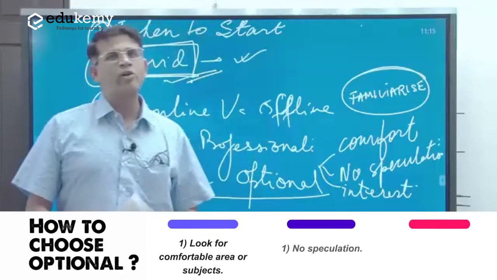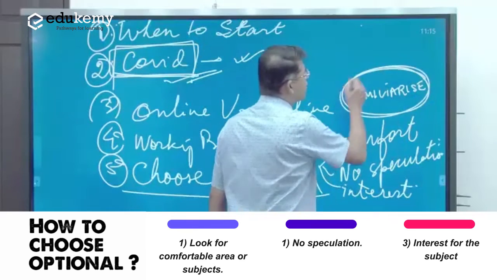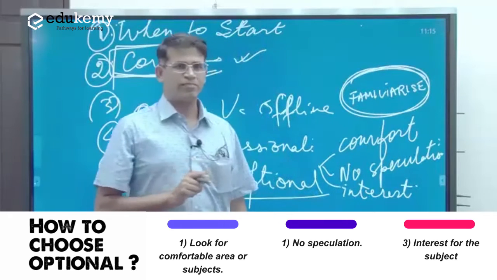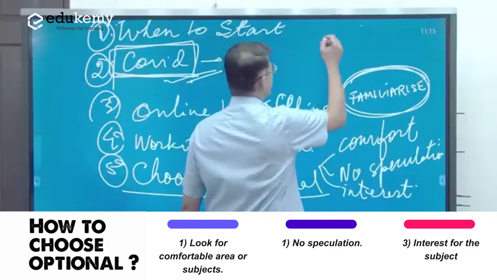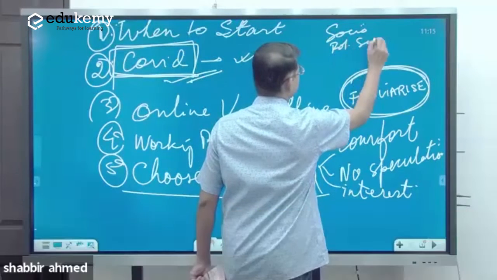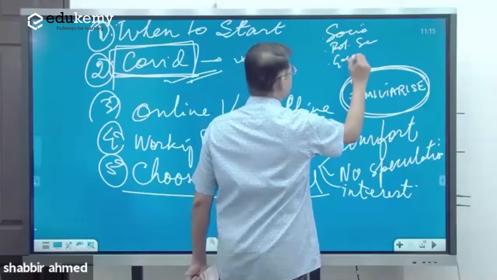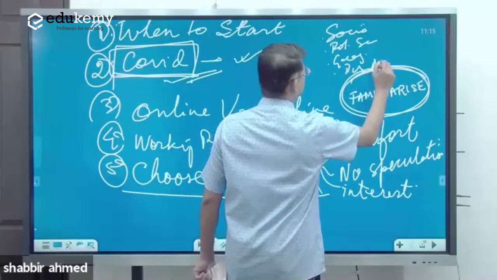So it is going to be a personal choice, and that technique is, I think, first familiarize yourself. देखो, you ultimately are struggling with 3-4 optionals. So क्या है? एक sociology होगा शायद, एक pol science होगा. You're struggling with maybe geography as an optional. You're struggling with public administration as an optional.